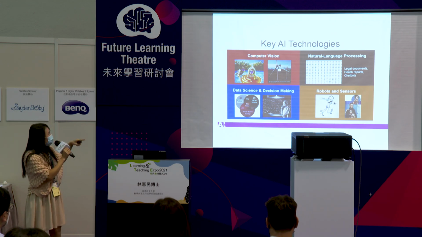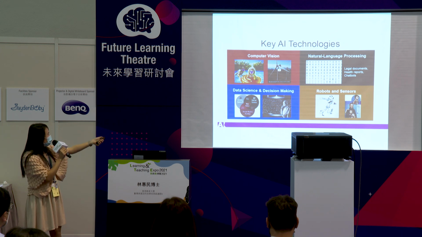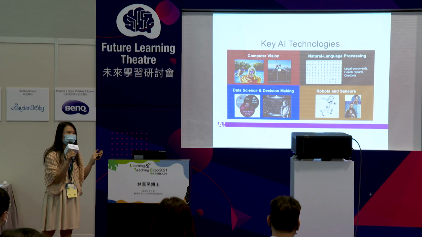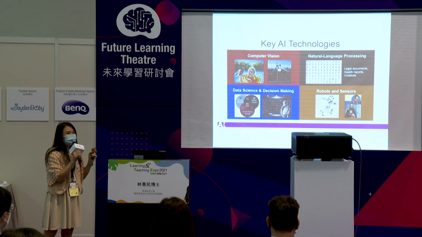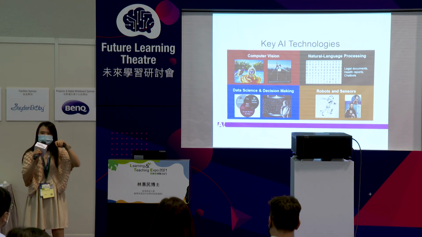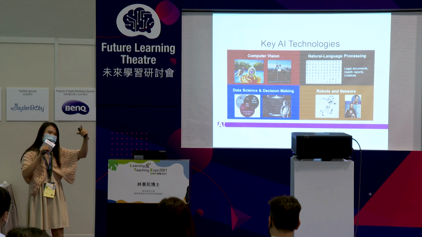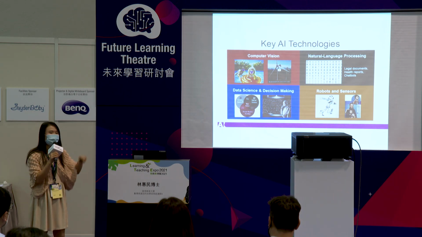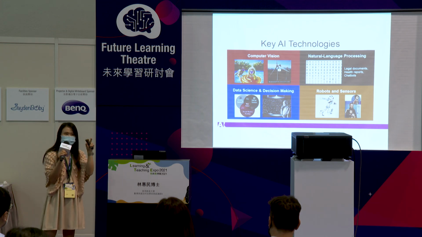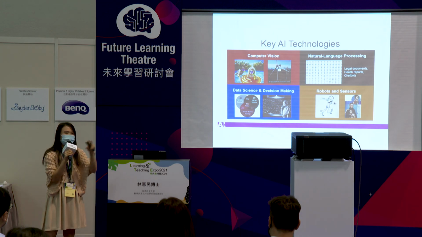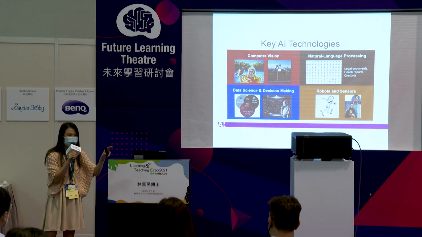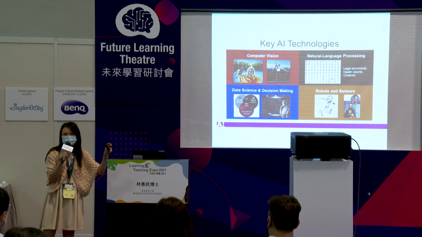All right, so key technologies. We also make use of natural language processing. So in short form, you always use NLP, that you call that. So we can make use of AI technology to recognize some handwriting or even a large piece of essay, a long text, to select some keywords so that the teacher can understand the students' understanding of certain topics, whether the keywords appear in their essay.